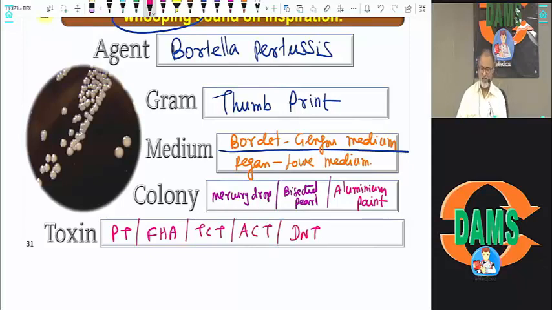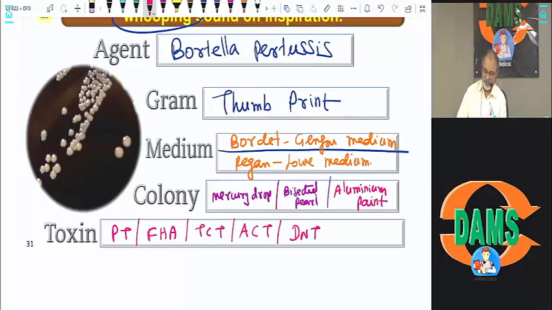These are all different toxins produced by Bordetella pertussis.